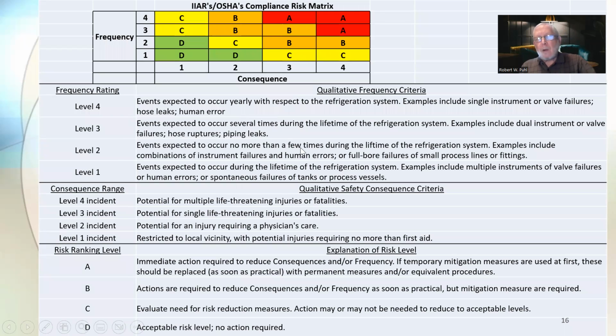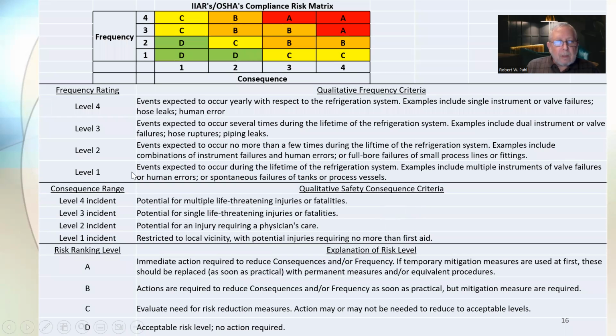So again, these are all kind of subjective, and that's the number that kind of makes them semi-quantitative. And then you have the incidents.